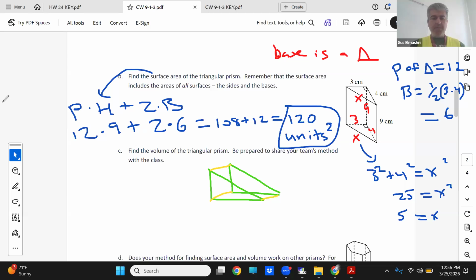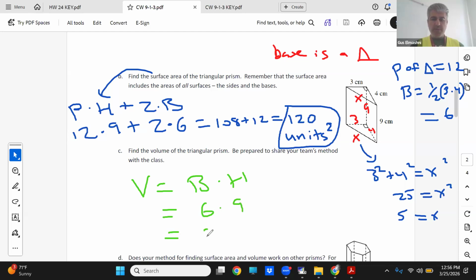Okay, for part C, I'll erase my green yellow diagram here, but let's go back to using green. All right, the volume. Volume is going to be the area of the base times the height. We already know the base is 6, the height's 9, so that's really simple. 54 cubic units, right?